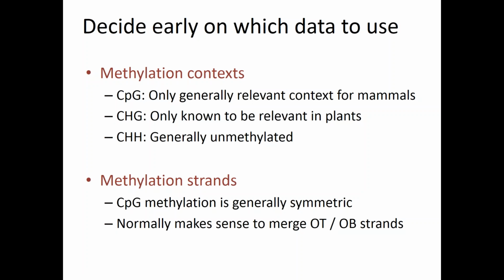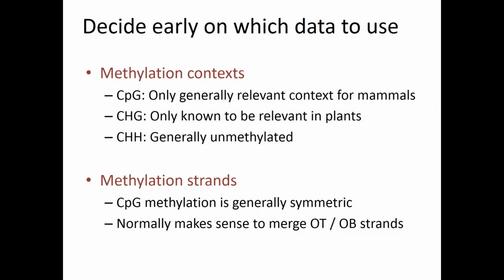The reason that you normally care mostly about these is that cytosines immediately followed by a guanine are the only ones that can maintain their methylation after a round of cell division. So when you copy your DNA, the newly synthesized DNA is always unmethylated.